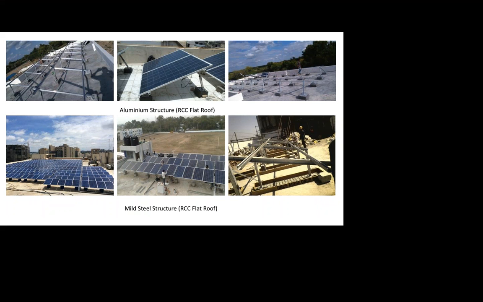Now, people have a lot of skepticism on whether this usage of Hilti violates the integrity of the roof, in the sense that will rainwater seep in if we do Hilti? What is your expert opinion on that? So again, Hilti acts differently on different roofs.